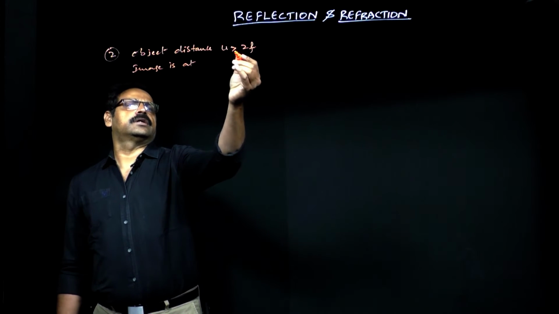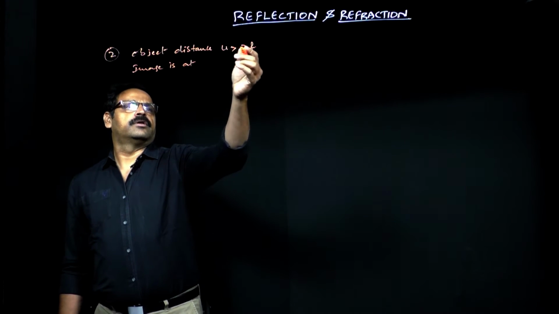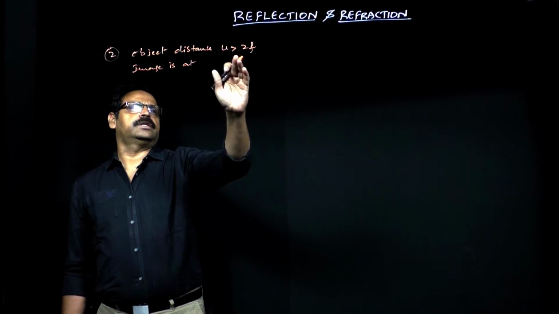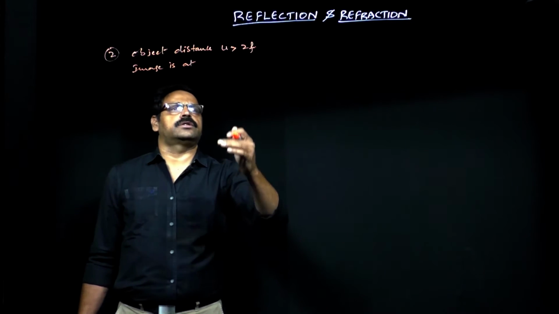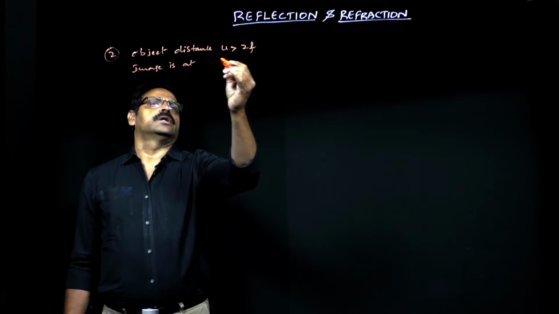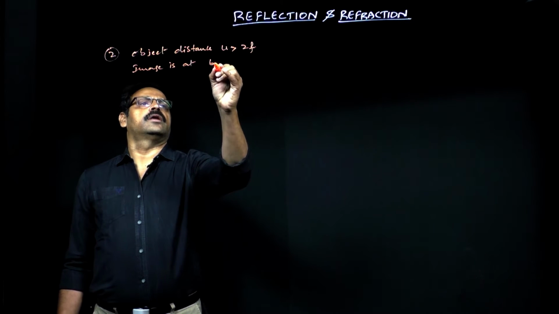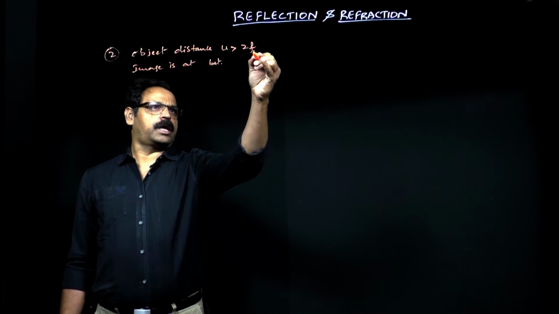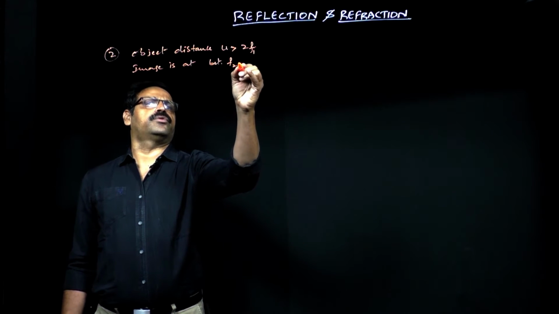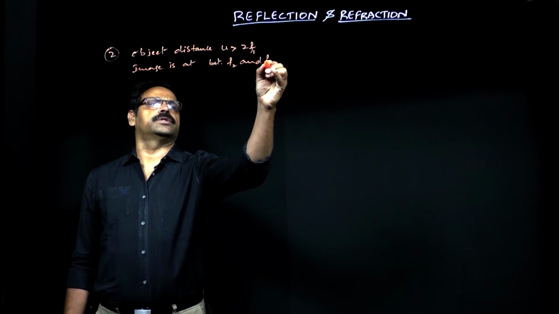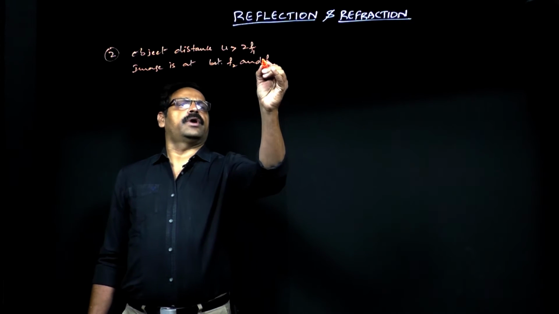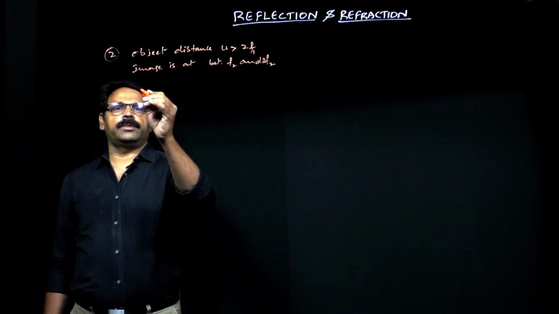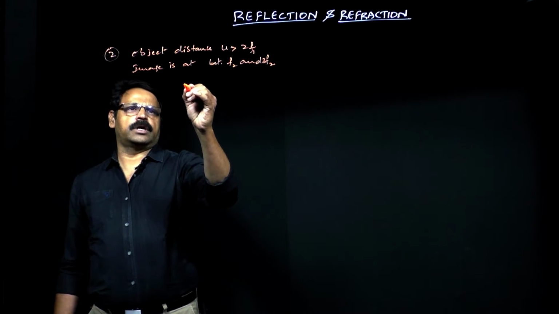When it is beyond 2f, the image is formed between f2 and 2f2. And the nature of the image, we'll just write down that.